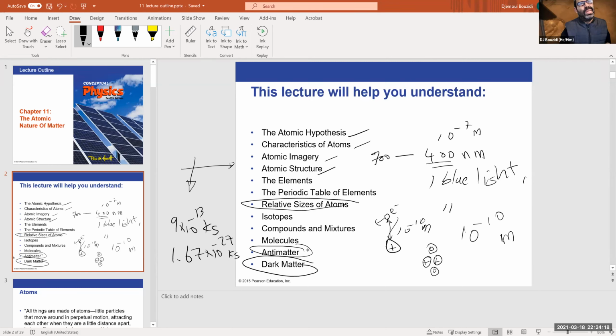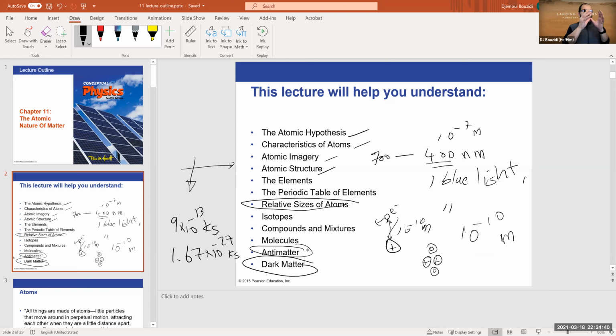But we don't see it, we don't interact with it. We run our hand through it and it goes straight through like a hot knife through butter. The word dark in this case is because it's a mystery, that's what it is. But we know it exists.